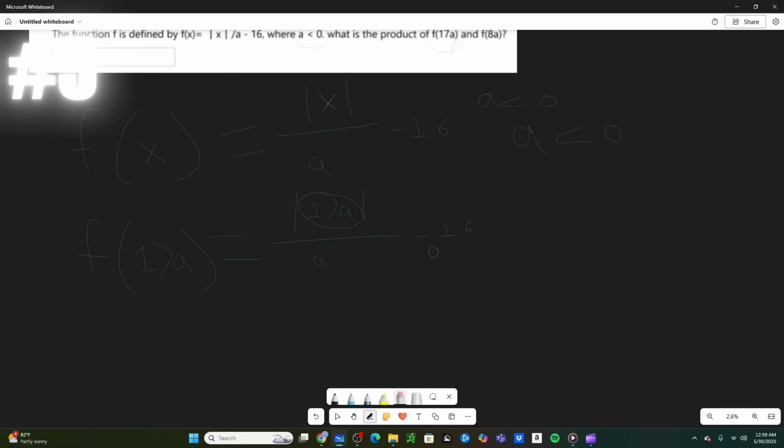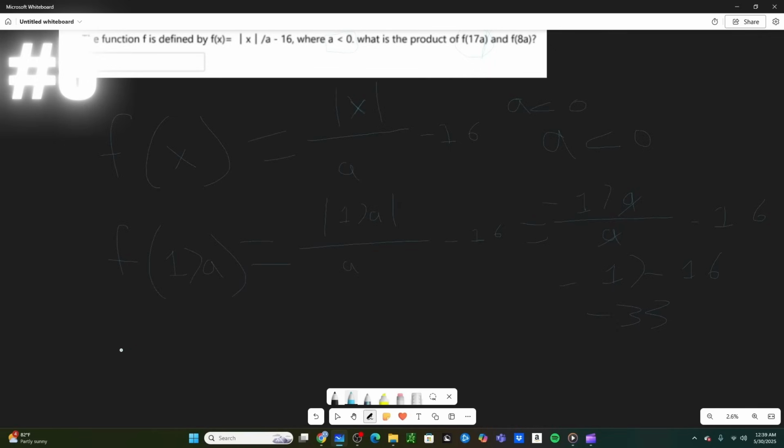So in this case, we may not know what 17a is equal to, but we know it's something negative, which means what this actually equals is not 17a over a, but negative 1 times 17a, which is negative 17a over a. Now we can go ahead, cancel out the a's, and we'll get negative 17 minus 16, which is going to give us negative 33.